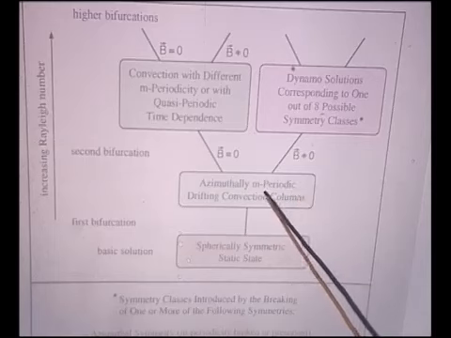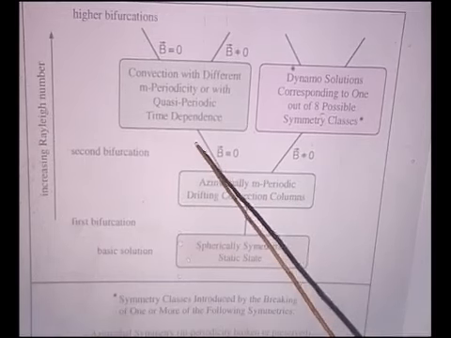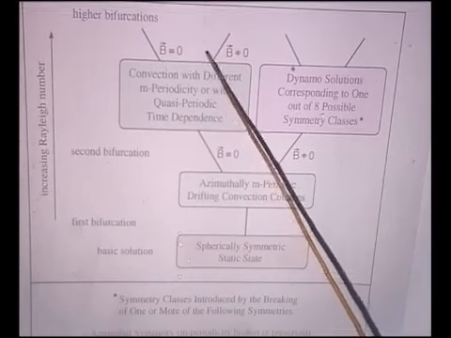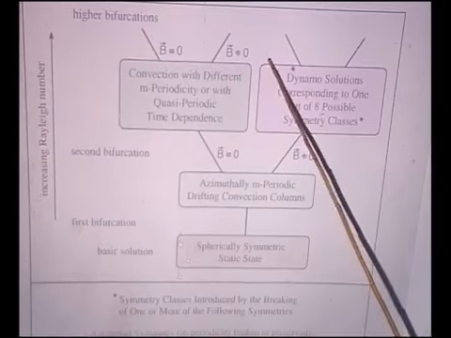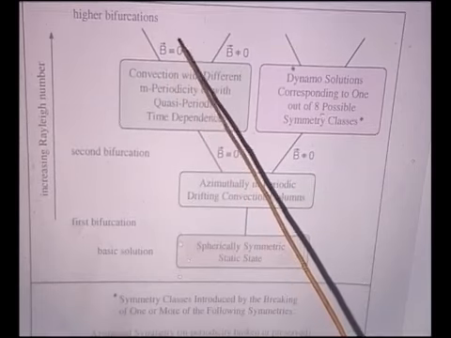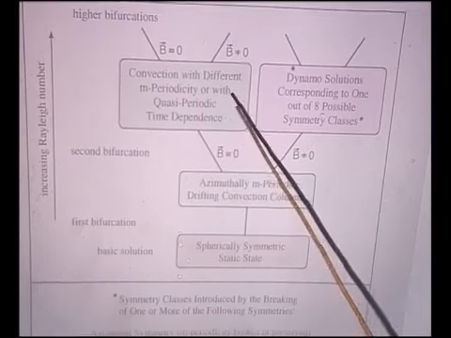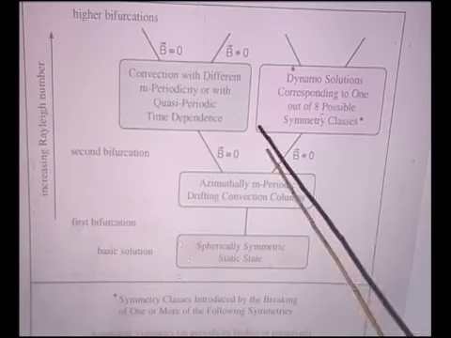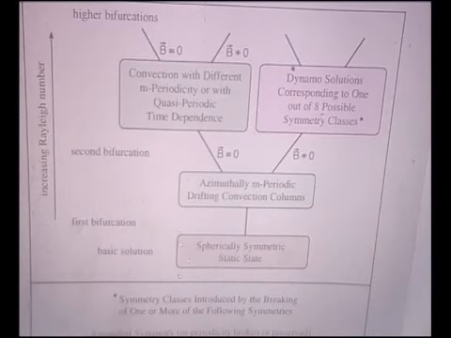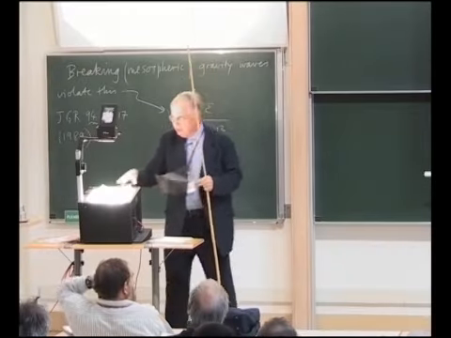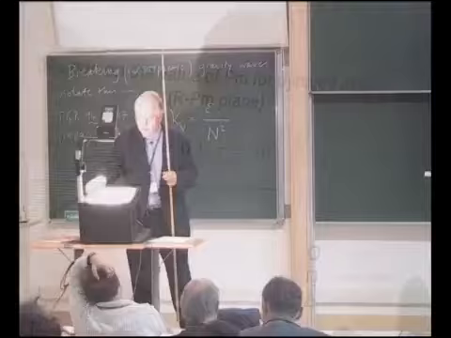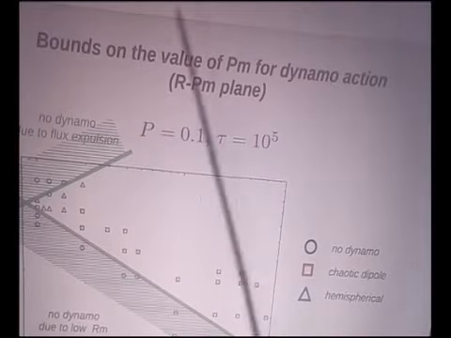We have a new degree of freedom, and when we start off with convection coming from a spherically symmetric state, getting those m-periodic drifting Rossby waves, then we have possibilities of new bifurcations involving the magnetic field in addition to those which do not involve a magnetic field, which we have already discussed. And this is not what I want to talk about.